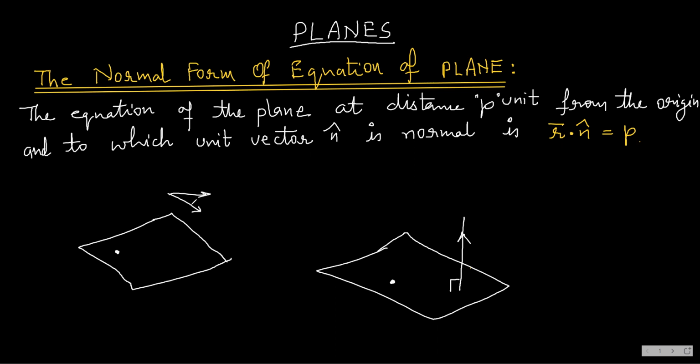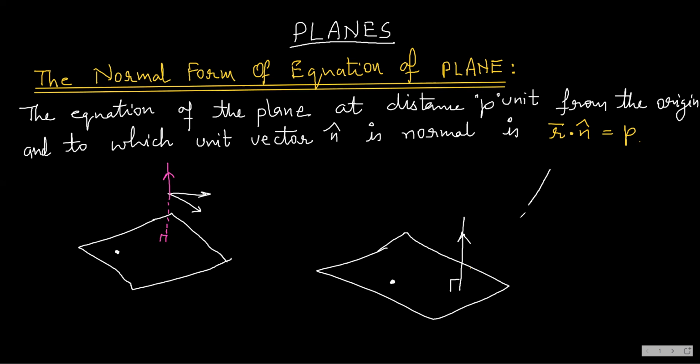So what you did here, you took the cross product of these two vectors. You got this vector, and this vector happens to be perpendicular. So once again, same thing. You have a point and you have a perpendicular vector to the plane.